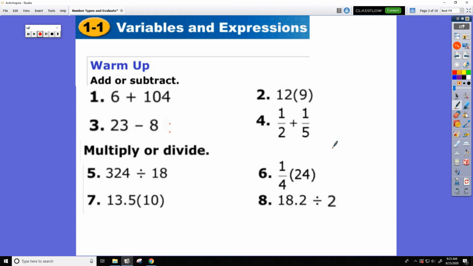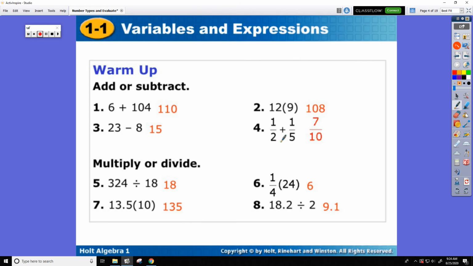I want you to try this warm-up, pause, and then I will show the answers. Please try them though. Make sure you understand what each one means or how to do them. So here, remember when you add or subtract, you have to find a common denominator. 2 times 5 is 10, so this becomes 5/10 plus 2/10, and that's how we get 7/10. But when we multiply, you can multiply straight across. 1 times 24 and 6, there's a 1 under the 4, so that equals 6.